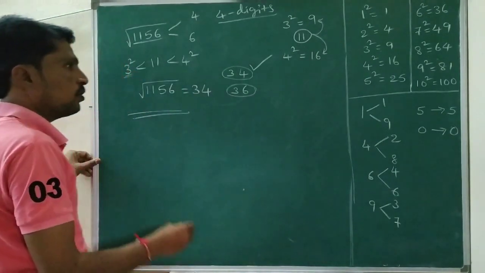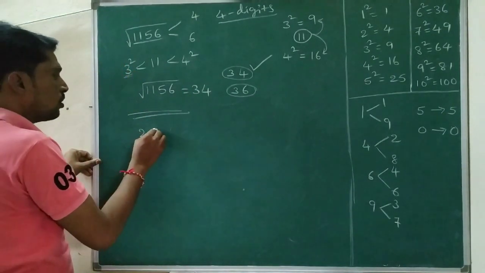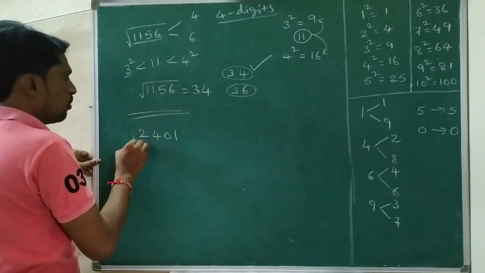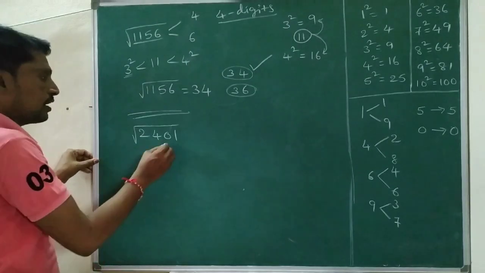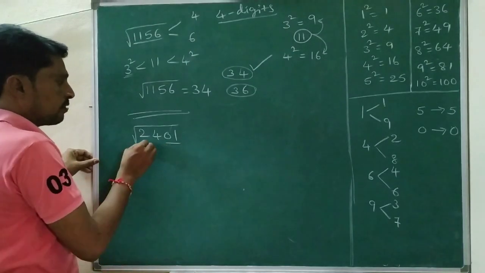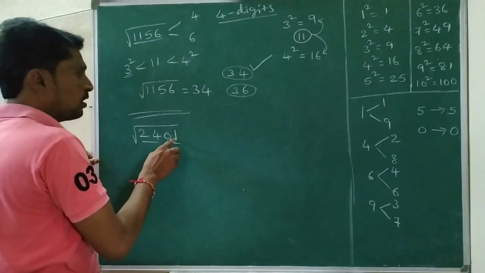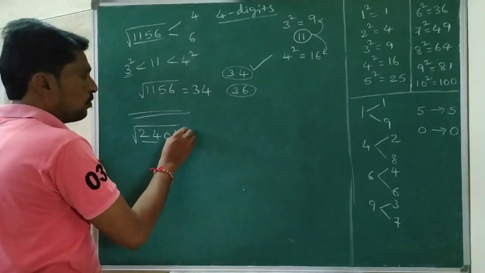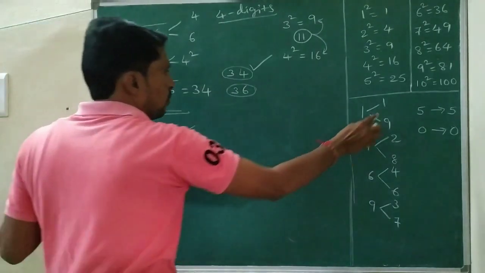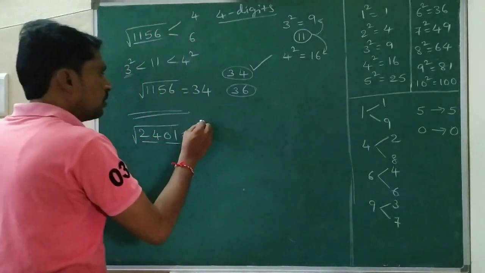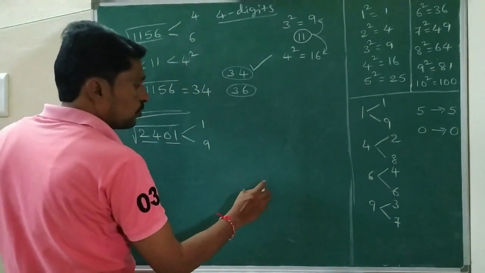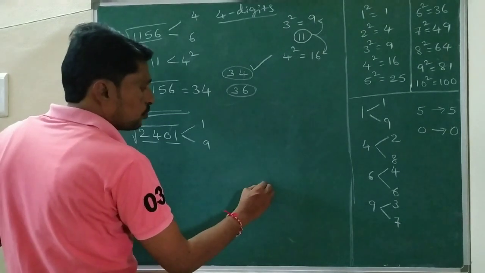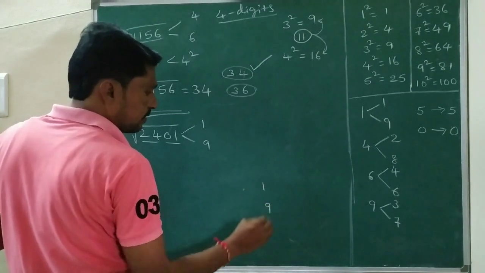Next, one more example: 2401. Find the square root of 2401. Divide it into two digits and two digits. The unit digit is 1. In square numbers we get 1 from 1 and 9. So in the square root, the unit digit is 1 or 9.